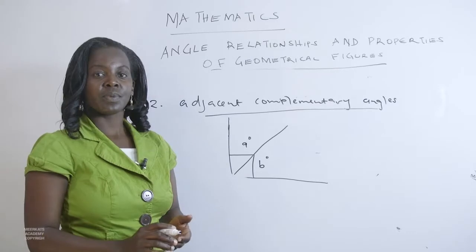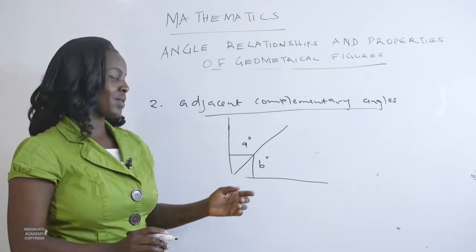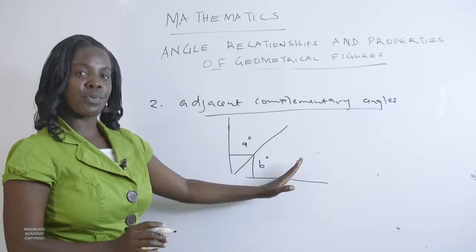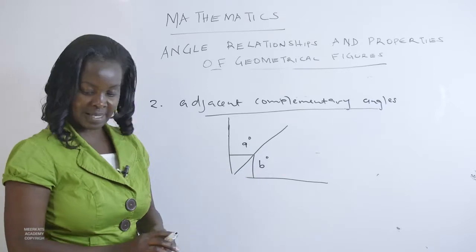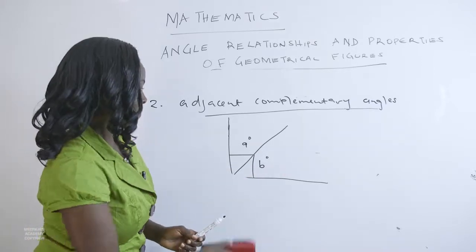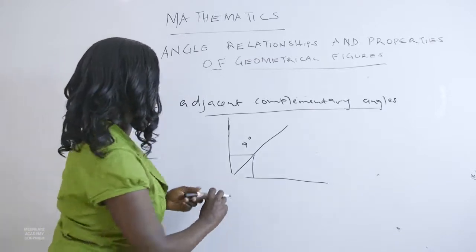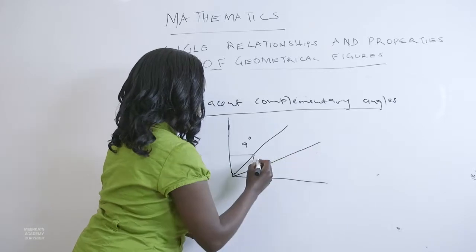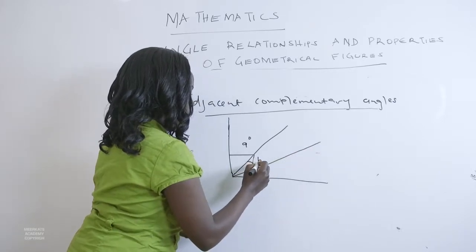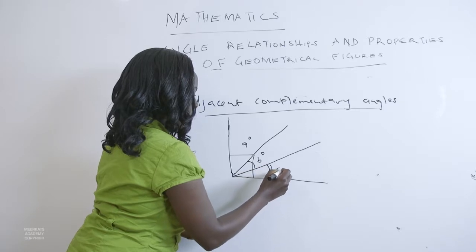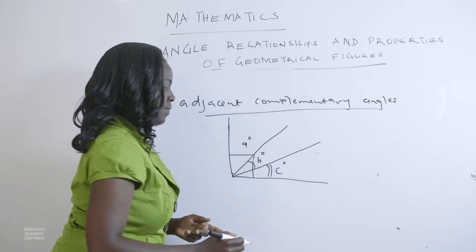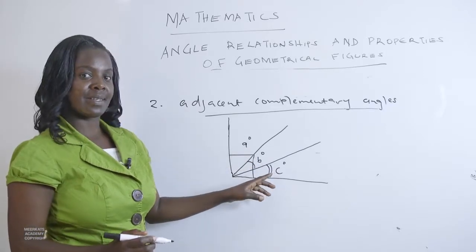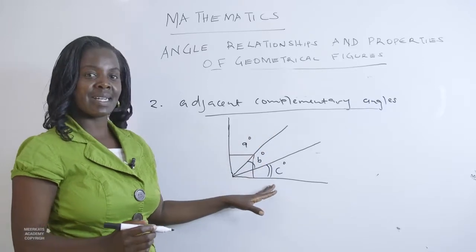It is also possible to have three or more angles in a 90 degrees angle. For example, we have angles A, B, and C. All three, when you add them, give us 90 degrees.